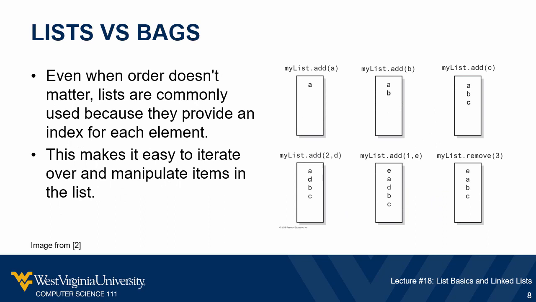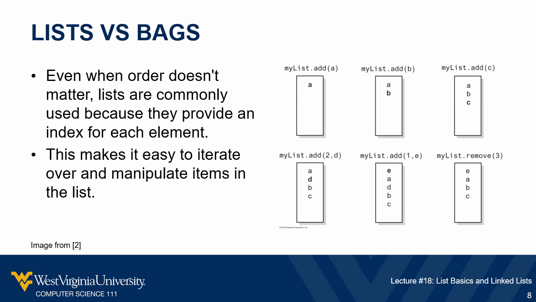Even in cases where we don't really have a particular need for ordering, it's still pretty common to use a list as opposed to a bag or something else, because lists have the ability to refer to individual items by an index number. This is a nice feature for us to have available.